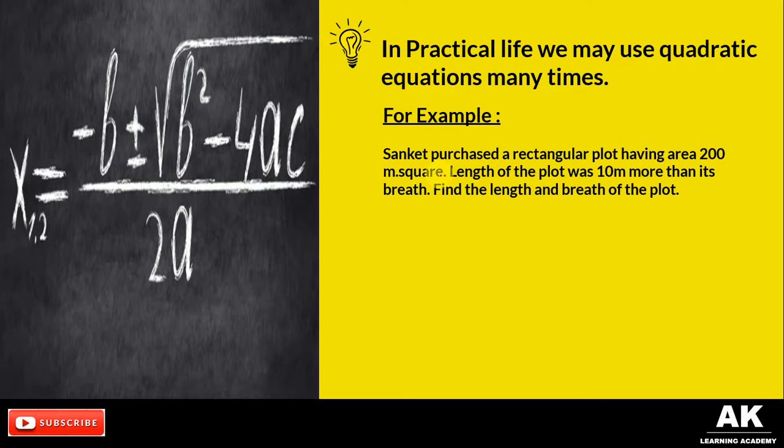Let the breadth of the plot be x meter. All right, then the length of the plot was 10 meter more than that of the breadth, right? So the length becomes x plus 10 meter.